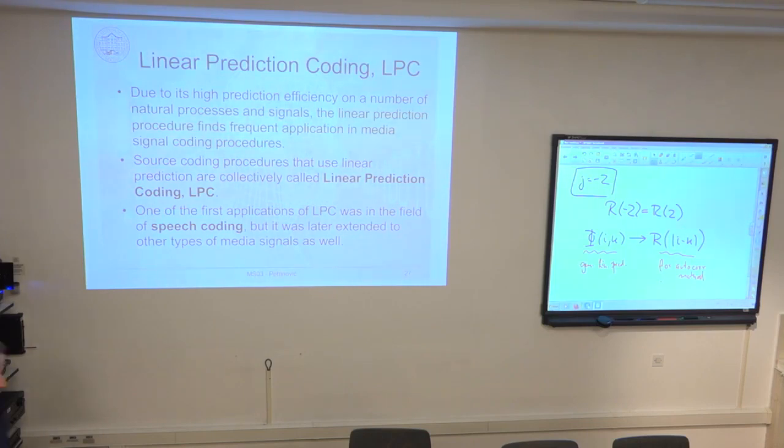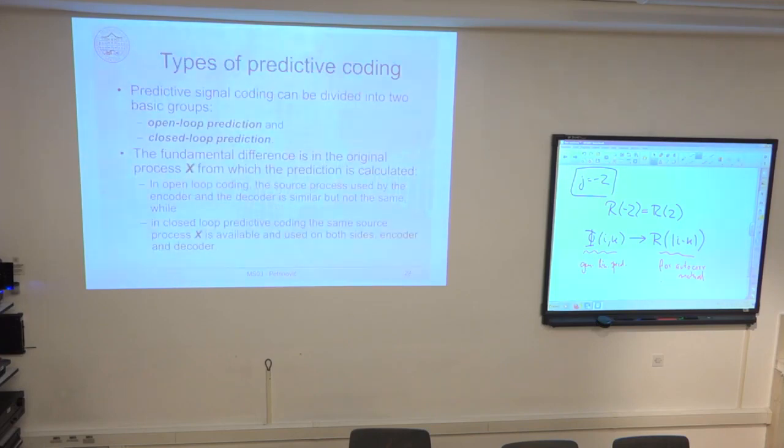One of the first applications of linear prediction for media signals was for speech processing, speech coding. It was later extended to other types of media signals as well. And now we will introduce how it is really done. How do we construct a coder based on this linear prediction? I have already outlined the idea, but now we will show the actual system.